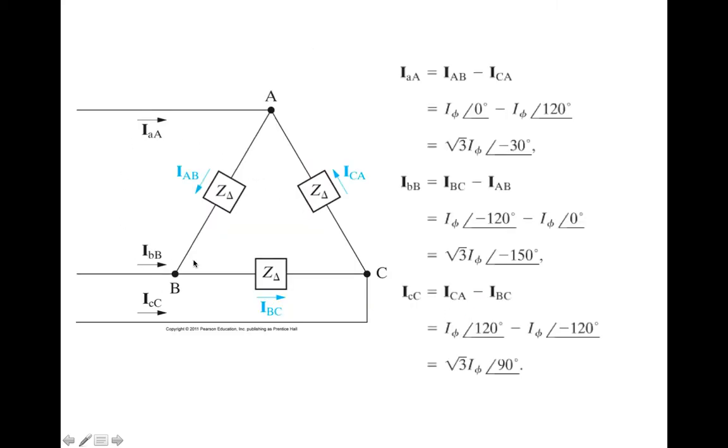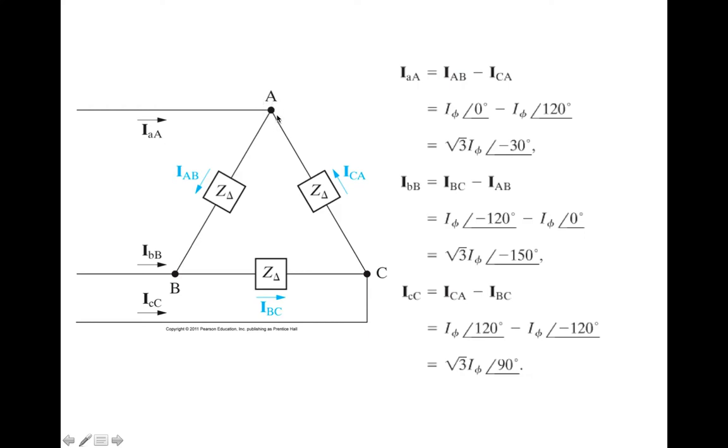So if we were to just isolate the load to make this a little easier to look at, for example, if we look at this particular pair of nodes, node A and B, the voltage between node A and node B, which because it's across one of the legs of the load is defined as the phase voltage, is the same as the line-to-line voltage between A and B. The currents, on the other hand, we can obtain by writing a KCL equation at the nodes.